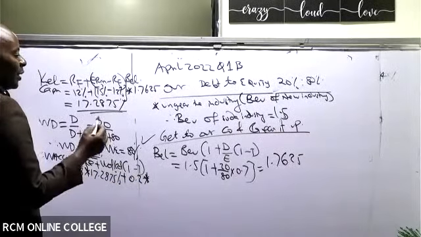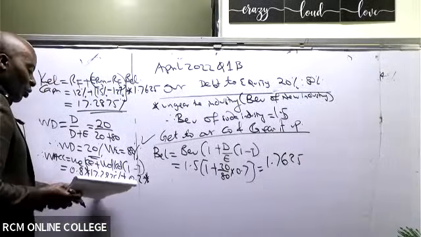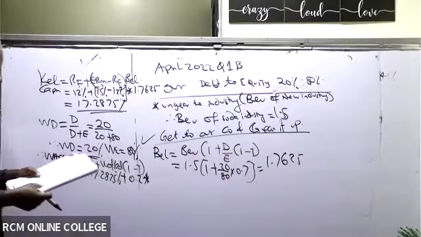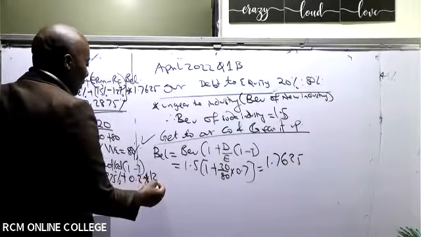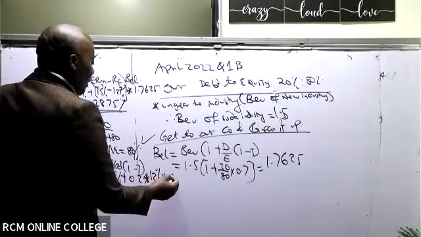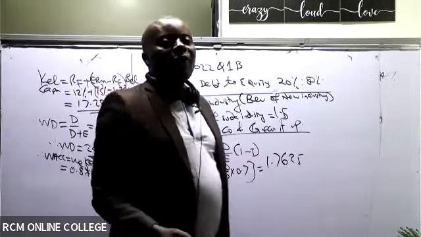Cost of debt is risk-free, unless they have told us otherwise. Is there somebody who is able to see the cost of debt in this question? It is the risk-free 12%, and this has to be adjusted for taxation.